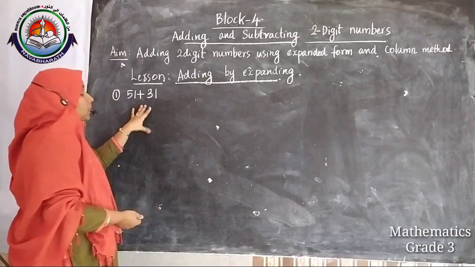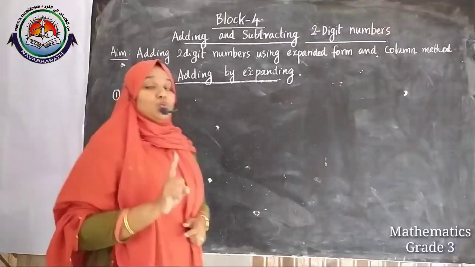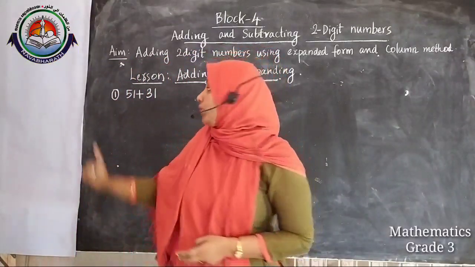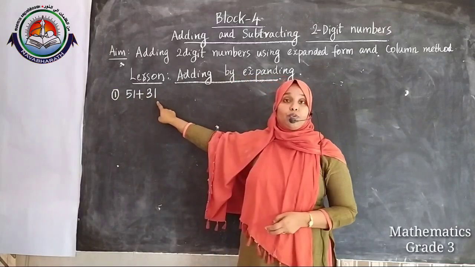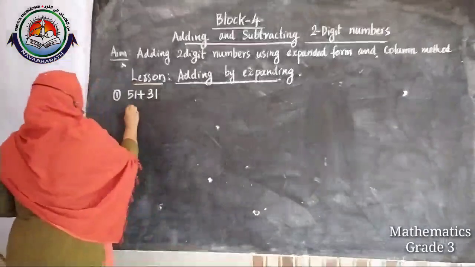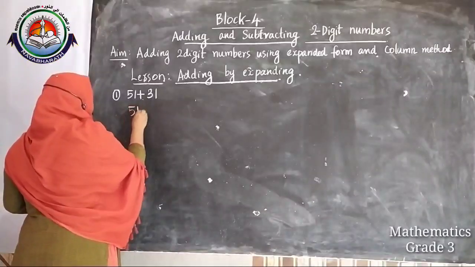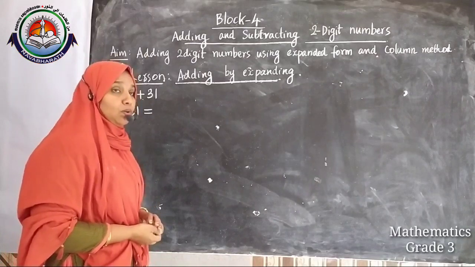Then children, how to do this using expanded form? First we have to write the expanded form of 51. Then we have to write the expanded form of 31. 51 equals, what is the expanded form?